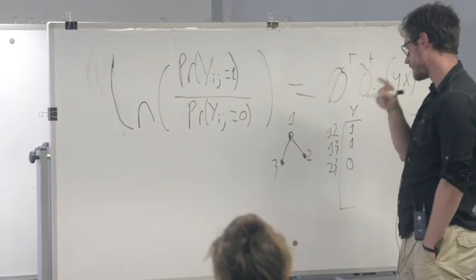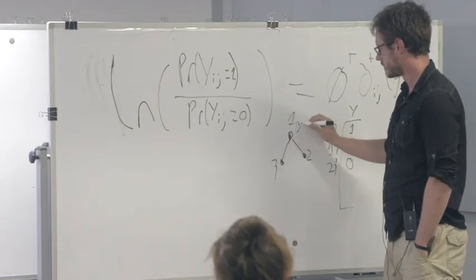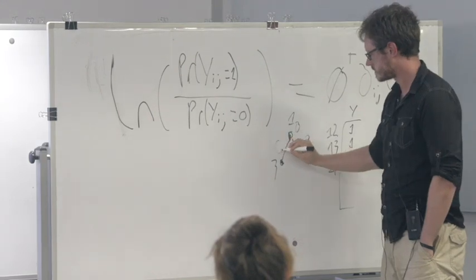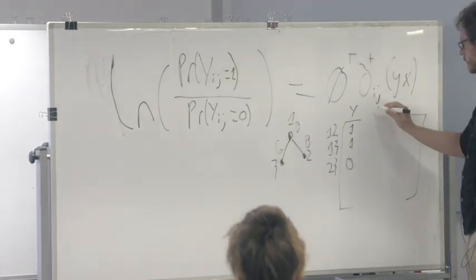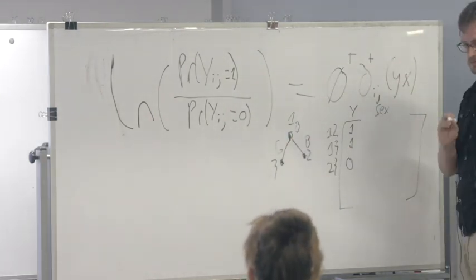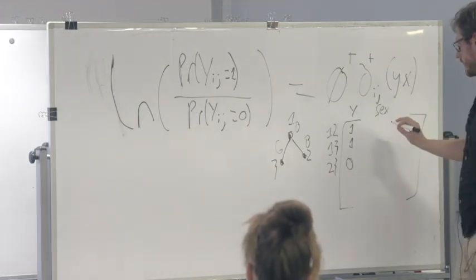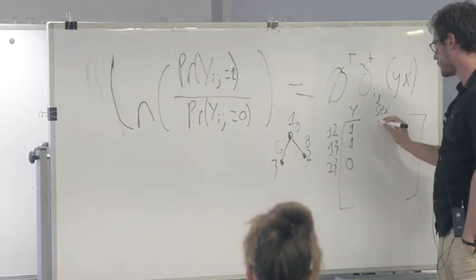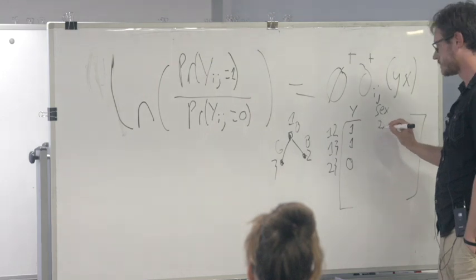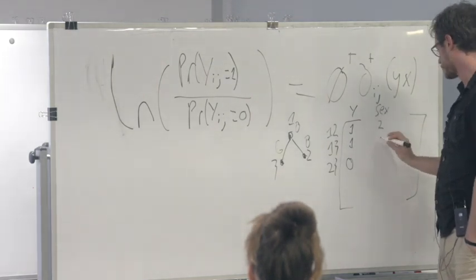So in this case, let's say these two are boys, this is a girl, and what we'll have here is some covariate for sex, and we'll count up how many boys are involved in the connection as opposed to girls.